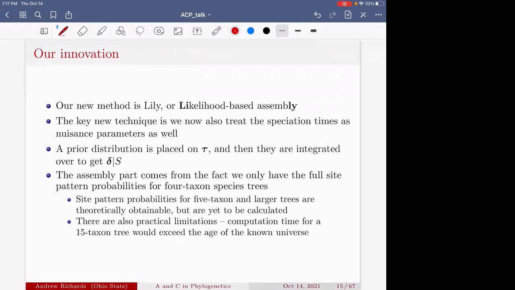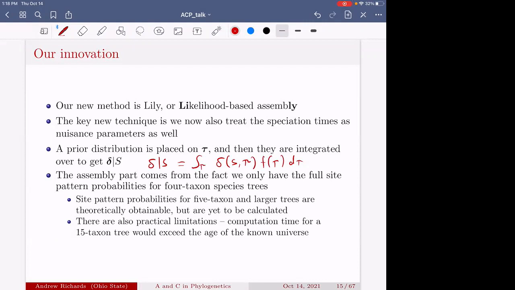So we can place a prior on tau, and then we integrate over these taus to get the site pattern probabilities given S. So that is the integral over tau of the probabilities given S and tau, times f of tau, d tau. So just standard law of total probability.